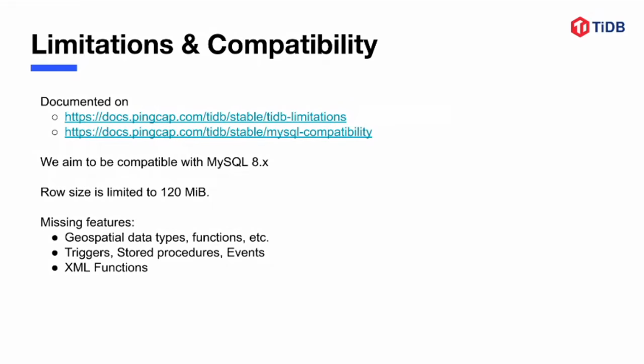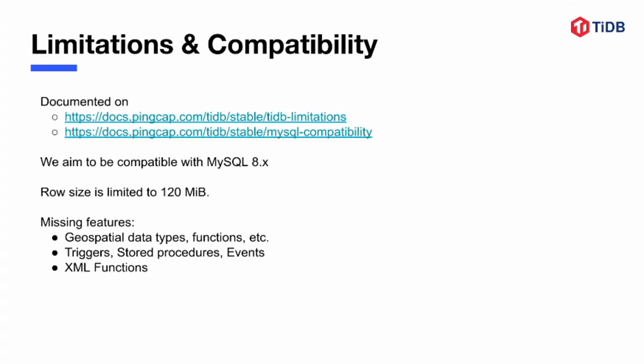We also have some limitations. So we try to be compatible with MySQL 8.x, so 8.0 and 8.4. We try our best, but of course we don't do everything exactly the same. We have a row size limitation of 120 megabytes.